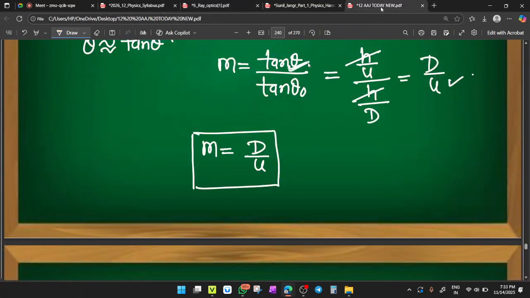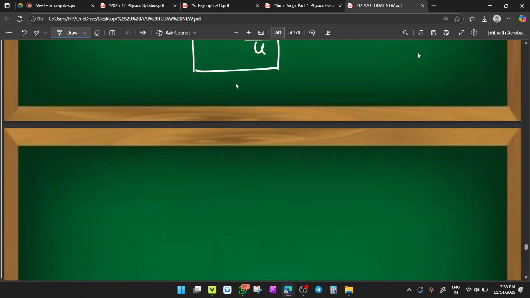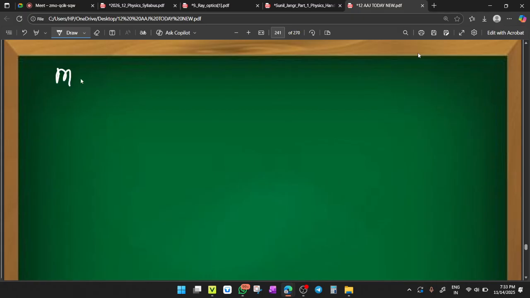In the place of theta, I use beta, and in place of theta naught, I take alpha for this proper derivation. So there is something changed now. M becomes tan beta upon tan alpha. Okay. Yes. So what is tan beta? Tan beta is the angle of vision made by the image at LDDV, and tan alpha is the angle made by the object. Clear?